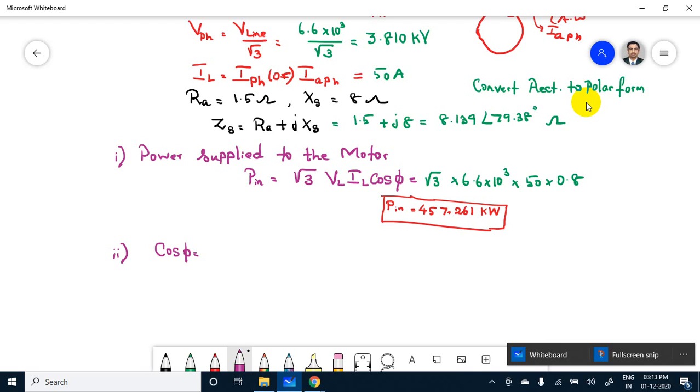Okay, cos phi equal to 0.8. Now we are going to measure the induced EMF in lagging. So what is the formula for lagging? Can anyone tell me? Yesterday's class explained it.